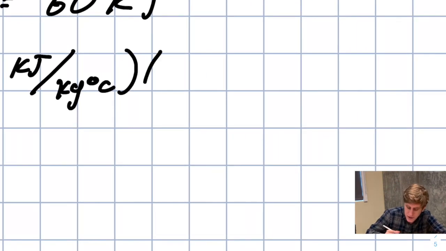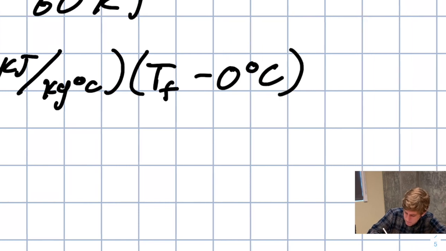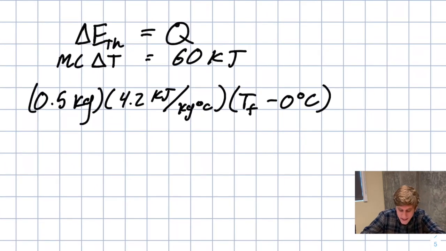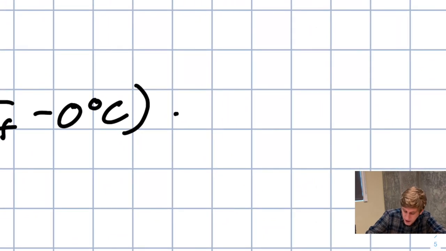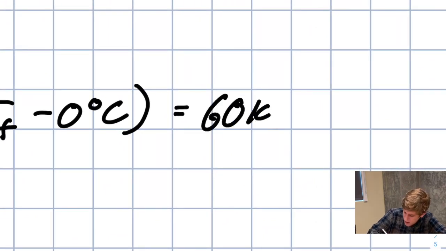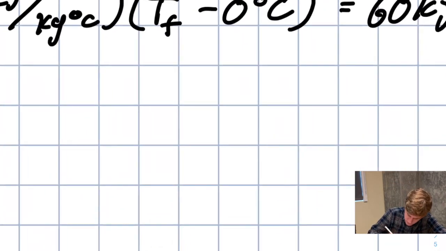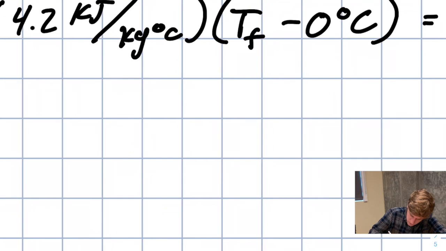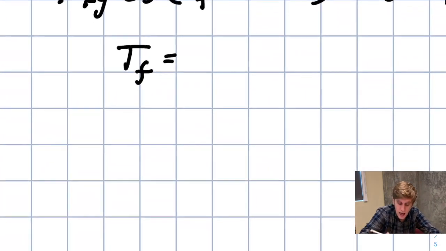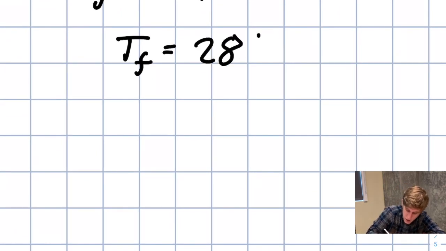We don't know the final temperature, that's what we're trying to solve. But we do know the initial temperature, it's 0 degrees Celsius. All this has to be equal to the 60 kilojoules that we have left over. The only piece of this equation that we don't have is this T final. So using algebra, we can now solve for it. When I plug this into my calculator, I get 28.6 degrees Celsius.